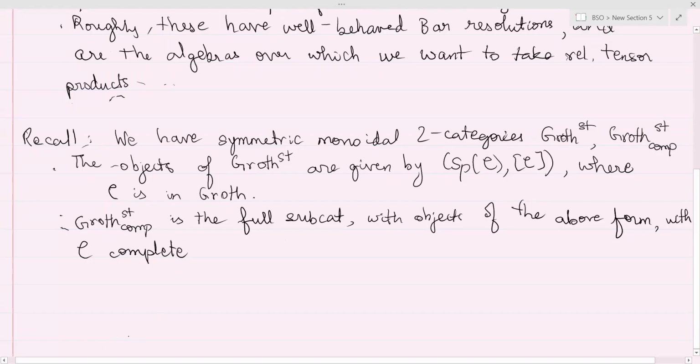And we have a nice description of morphisms in this 2-category Groth^{ST,comp} between the following objects.